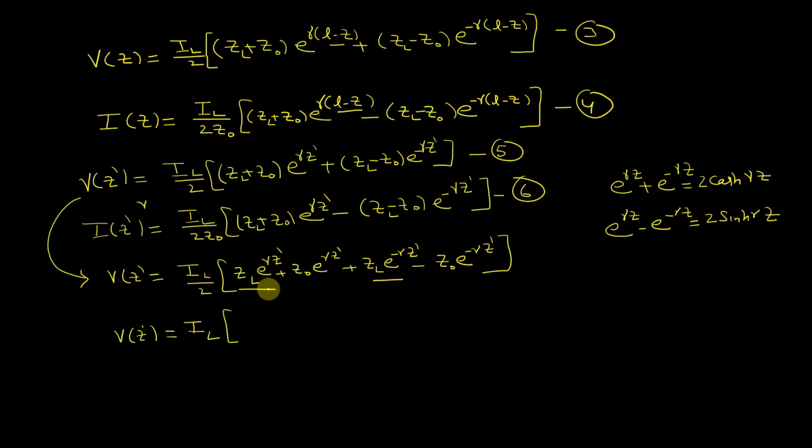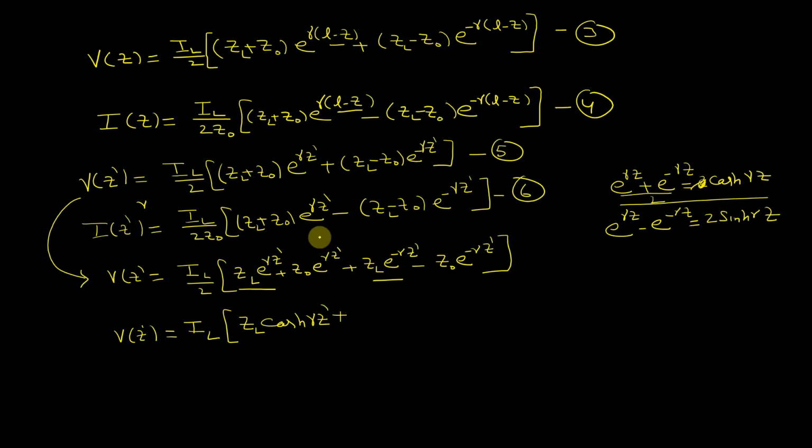These two terms will be combined, and this 2 will go inside, so ZL times cos hyperbolic gamma z dash, taking ZL common, that is e raised power gamma z plus e raised power minus gamma z, divided by 2. If you divide by that 2, that will be only cos hyperbolic gamma z. So that will be the term.